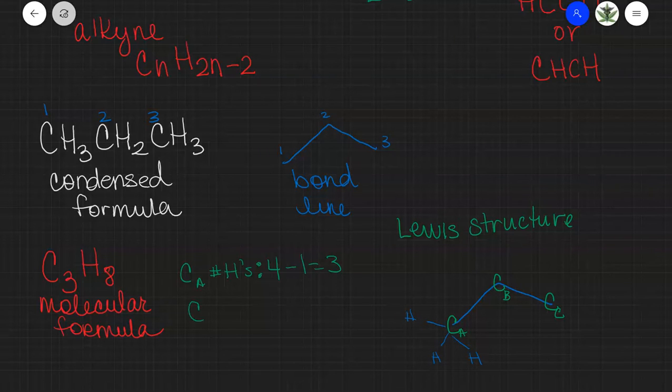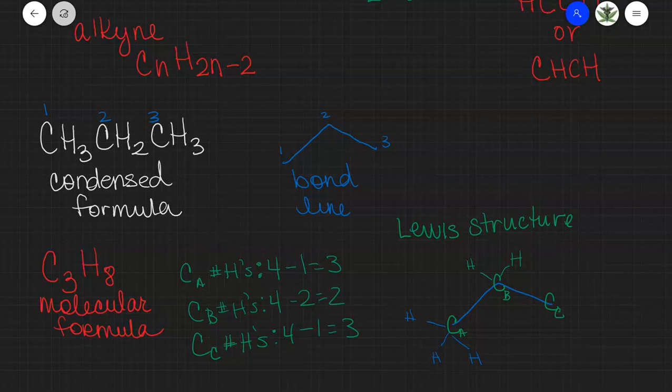If I look at carbon B, carbon B is in the middle with 2 attachments, so 4 minus 2 bonds. So carbon B has 2 hydrogens. 1, 2. Carbon C. If I want to look at the number of hydrogens, again, 4 minus the number of bonds, which is 1, and that's 3.